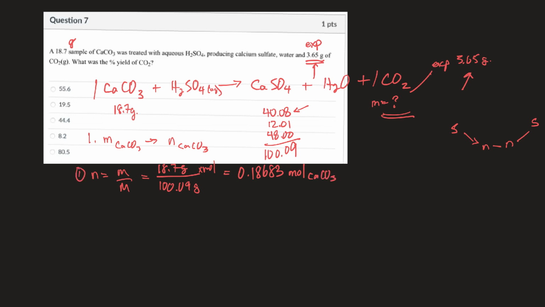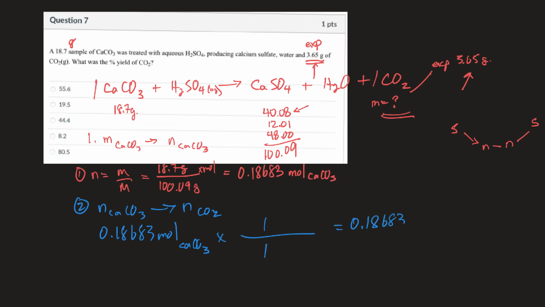Step 1 done. So step 2, I need to convert the moles of calcium carbonate to moles of carbon dioxide. So I start with 0.18683 moles calcium carbonate times mole ratio, it's 1 to 1. So it's going to be the same number, 0.18683 moles carbon dioxide.